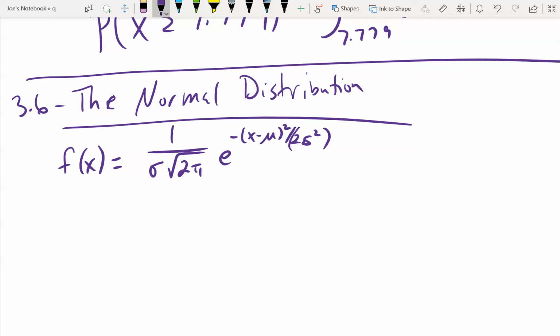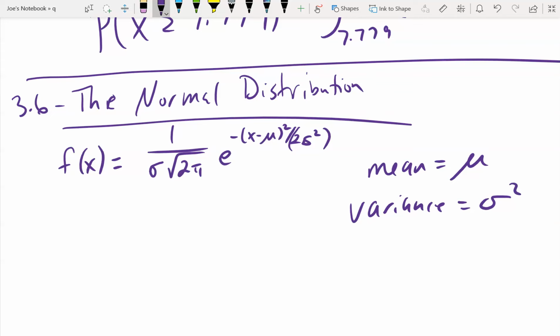All right. So this sigma squared was in the denominator with a 2 here. This is a mu. Just to emphasize, the mean here is mu, and the variance is sigma squared.